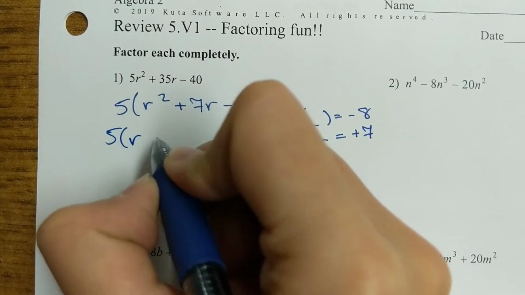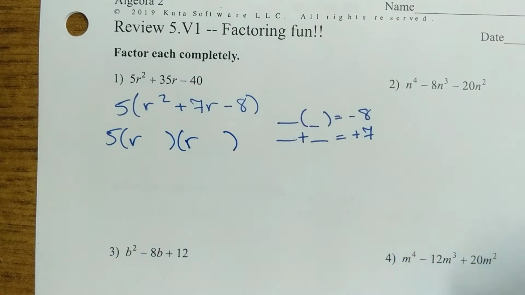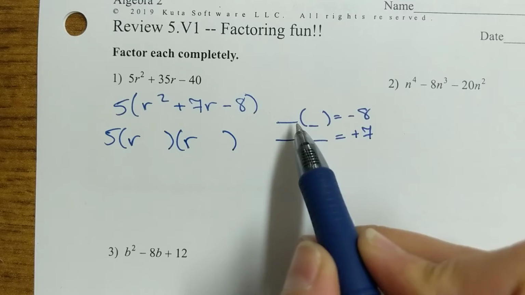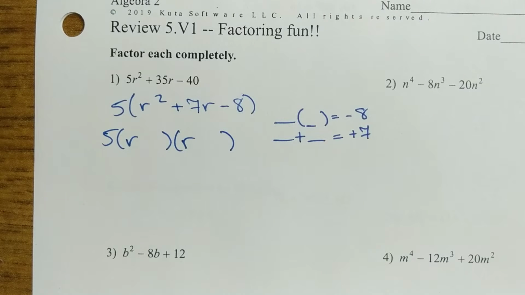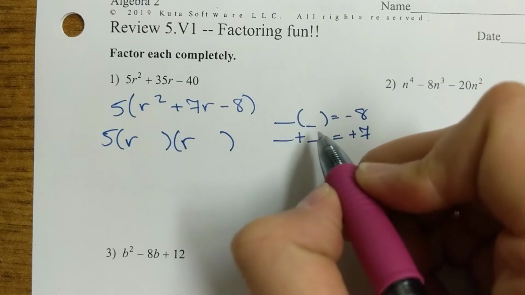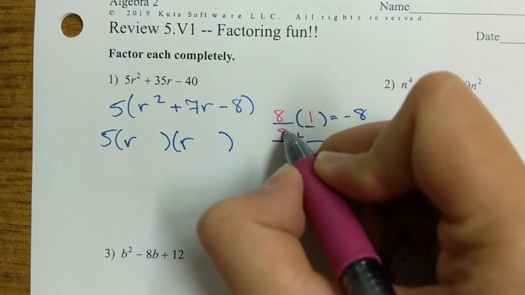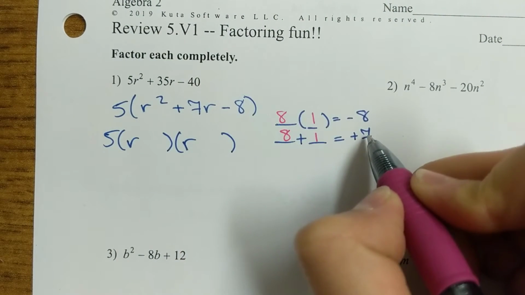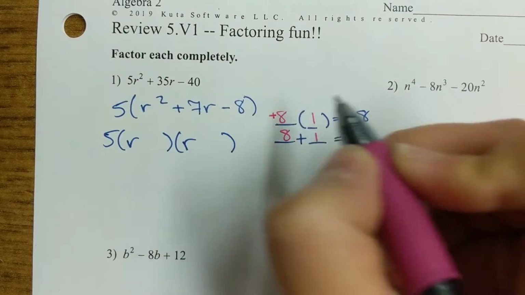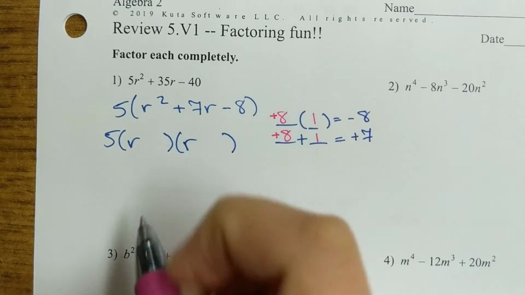So we have r, and then those 2 numbers have to be 8 and 1. How are we going to get a positive 7? The 8 is going to be positive. The bigger number is going to be positive.